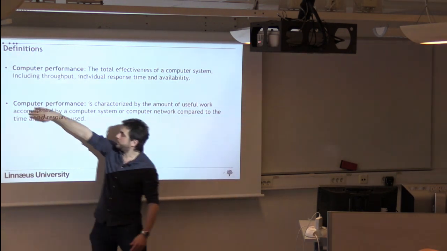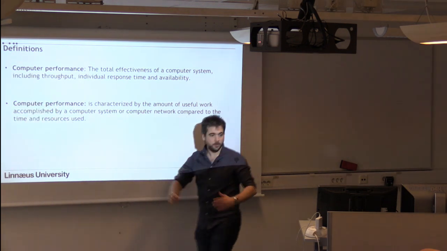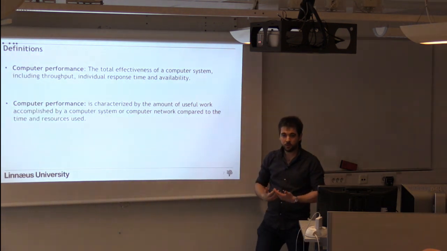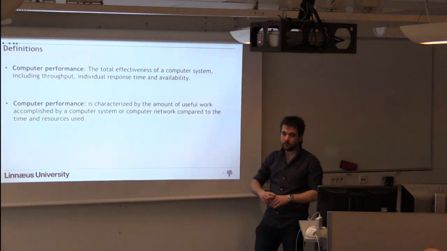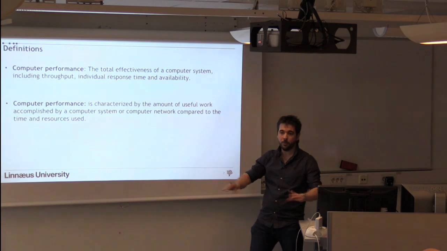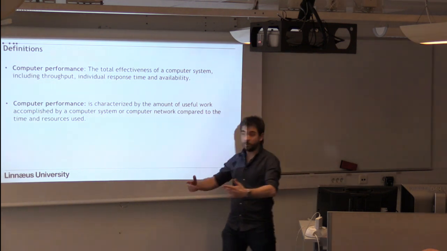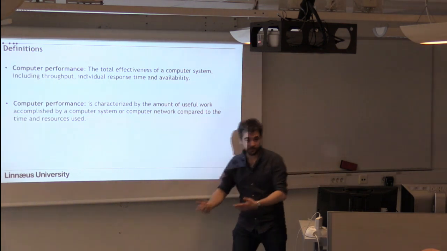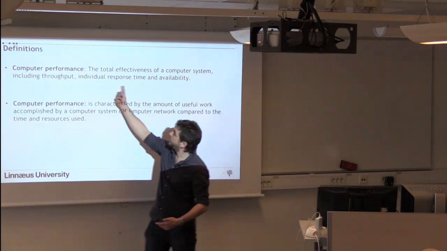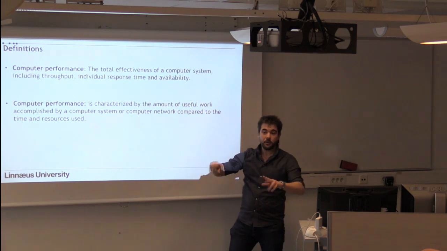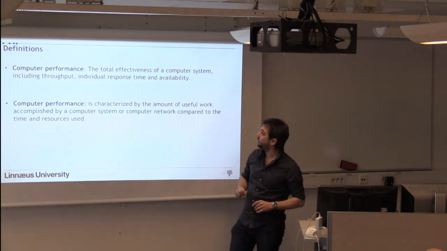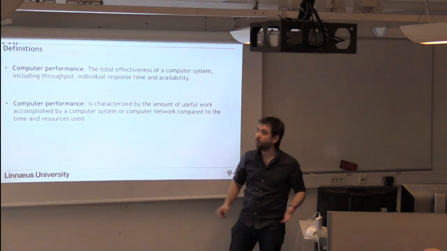An example, if we remove the computer, so performance only, system performance. If you go to the supermarket, when we go to pay, we would like to have a lot of cashiers and all open. So we want to go there and find somebody who is idle for us. So in that case, we will have a response time quite good and availability, because more or less at any point there will be somebody available for us.